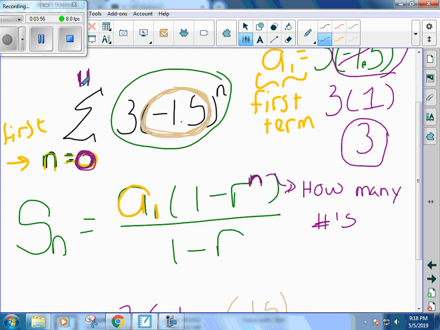We talked about this a lot with our arithmetic series, that if I subtract 11 minus 0, I would think that there's 11 numbers in my series. But I need to add one more to account for that very first term. So there are actually 12 numbers in my series.